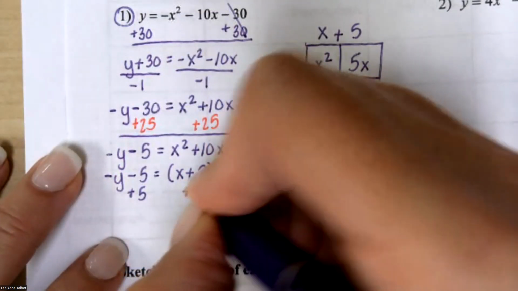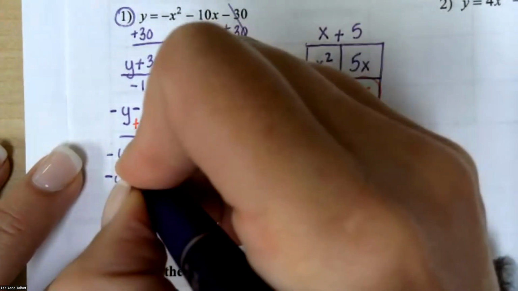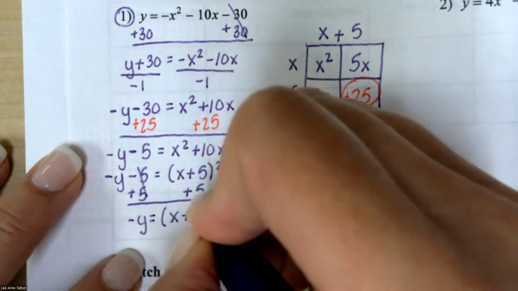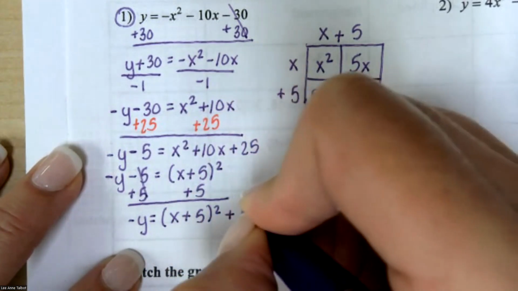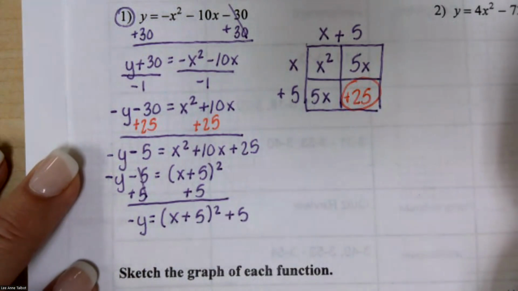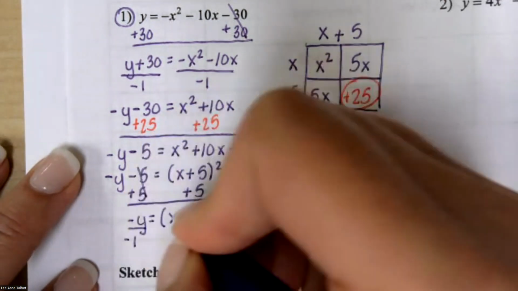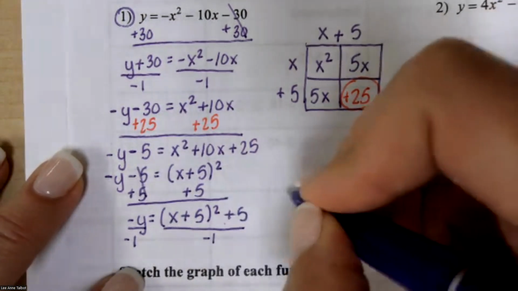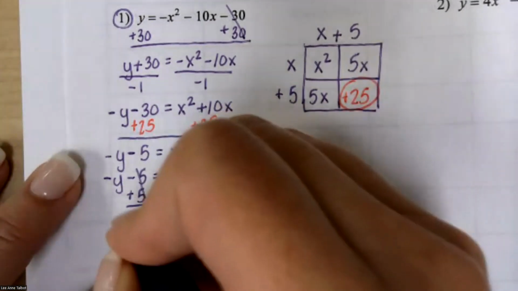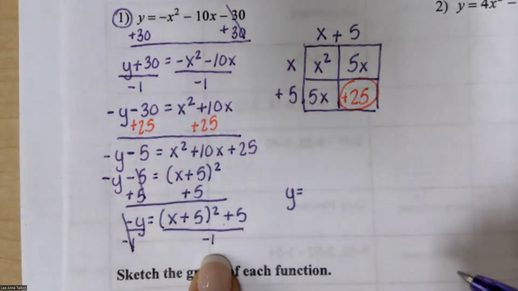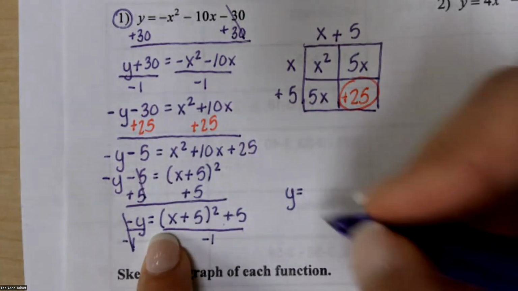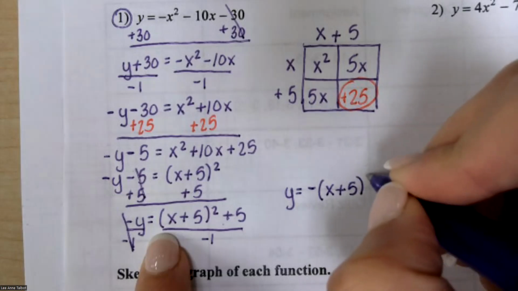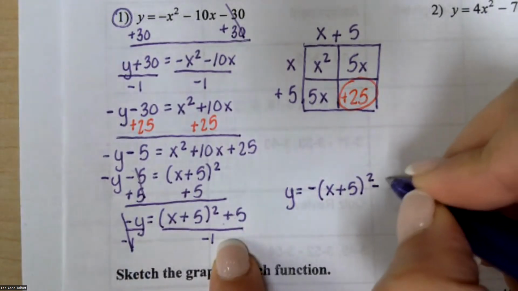And then we're going to put everything back. Okay, this negative I'm going to put on the front for my A value. And then that is going to switch signs also.